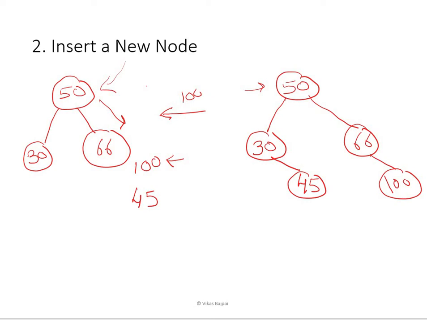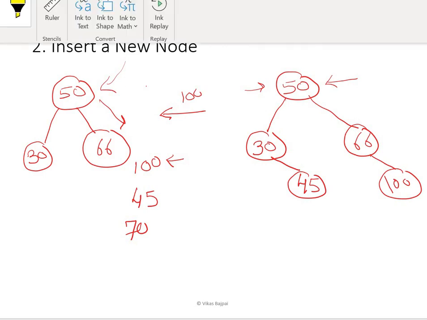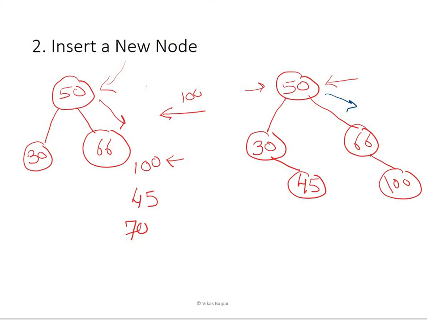Now let's insert some more values to it. Let's say some random value of 70. In this case, I came to this part and I went for a comparison once again, and I found that I need to move towards this side.